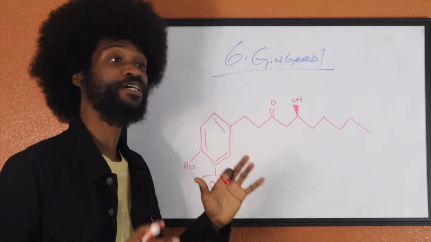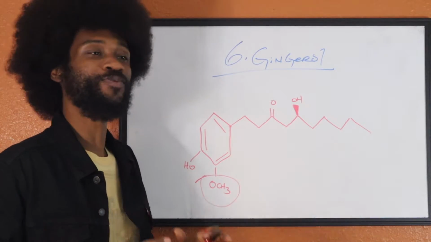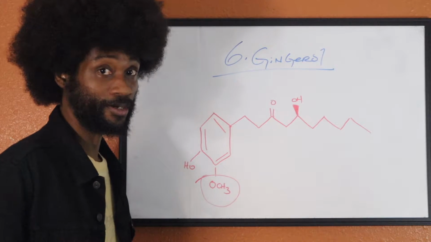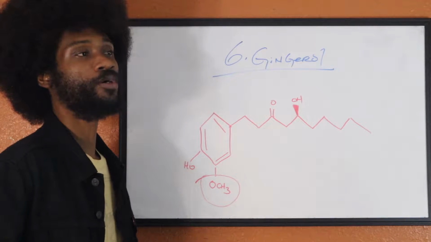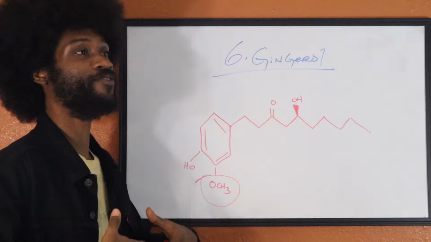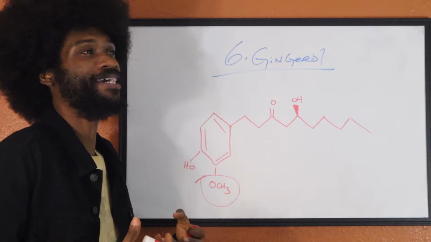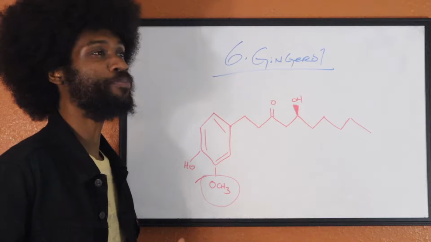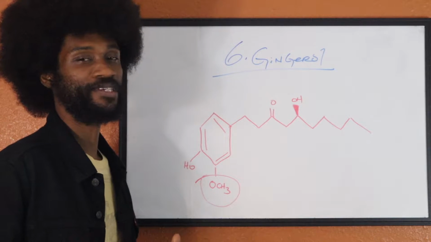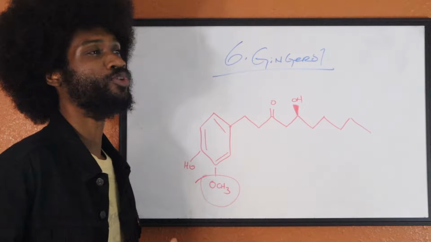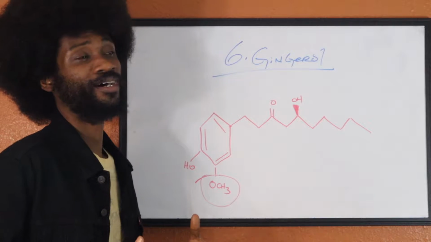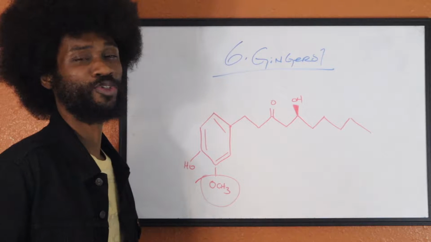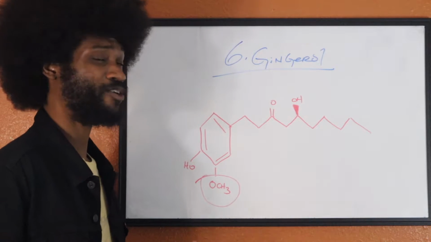Now, this is very structurally similar to another molecule we're going to get into shortly called curcumin, which you find in turmeric. This is one of the many molecules that give turmeric that bright yellow color, and it induces so many antioxidant properties inside the body, able to eradicate so many issues: autoimmune attacks, neurodegenerative diseases, Alzheimer's.